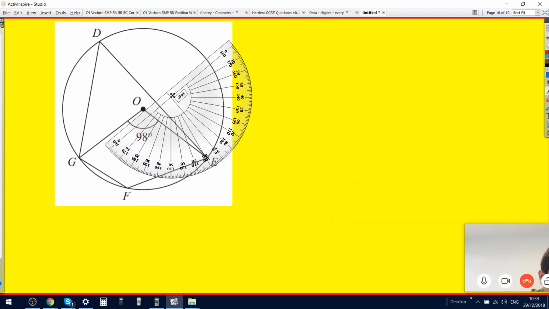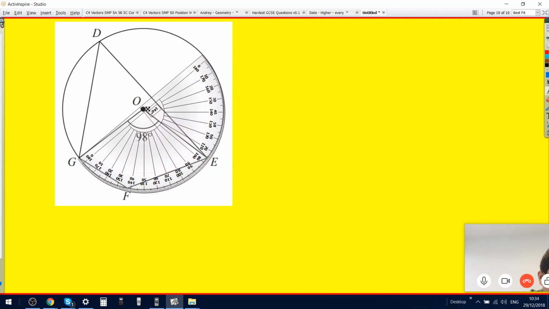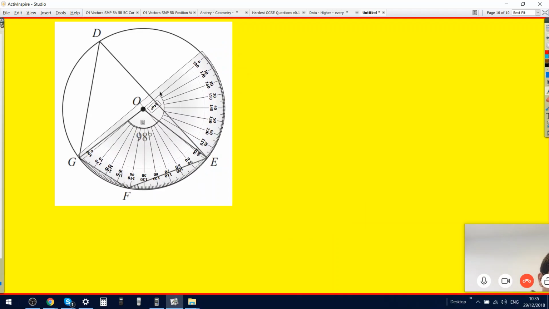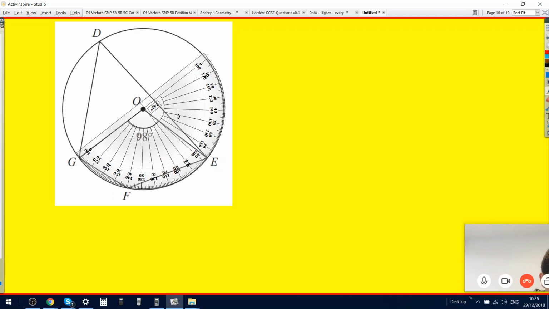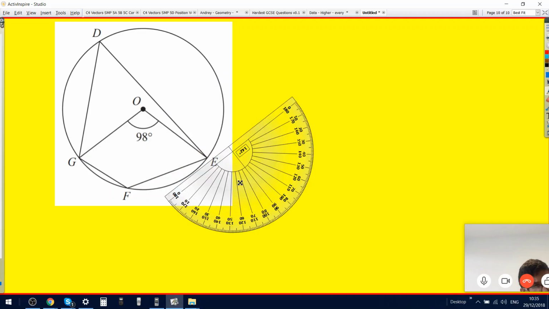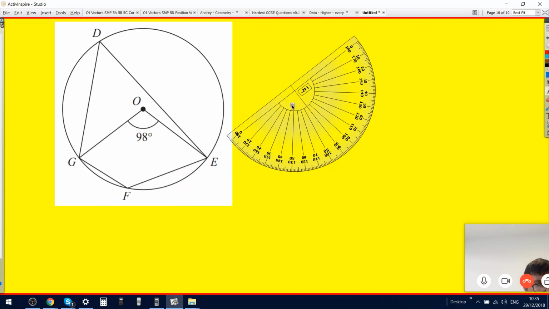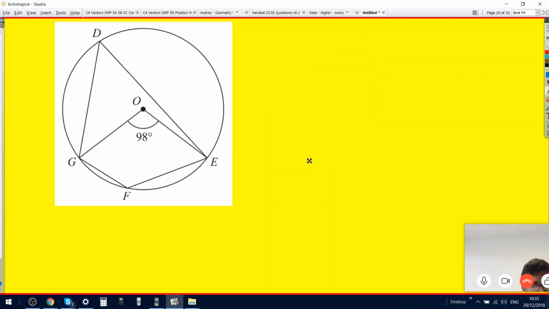Okay, so we can tell the angle of D, and that would be half of 98, which is 49. And then the angle of F, because this is a cyclic quadrilateral, they'll add up to 180. So we have 180 minus 49, that's 131 degrees.